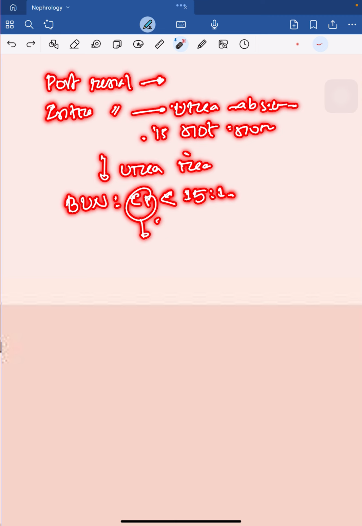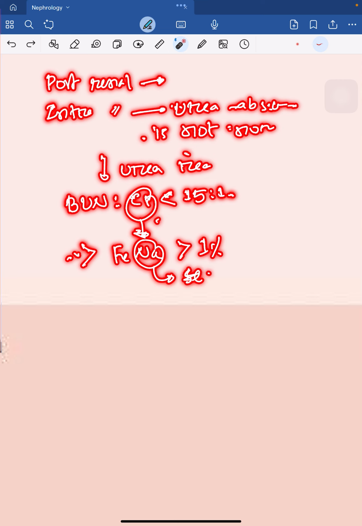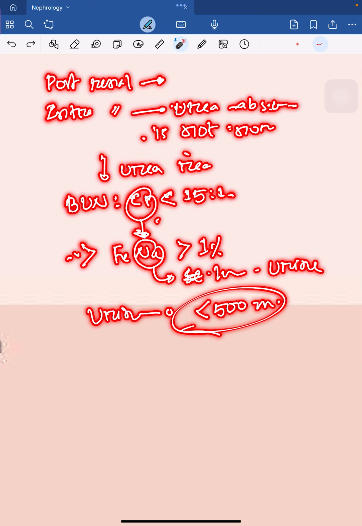So creatinine will rise in intrarenal azotemia, and as the kidney's function is deteriorating, the fractional excretion of sodium should be more than 1%. Sodium is lost through urine, and urine osmolarity should be less than 500. So thus urea is important in maintaining the osmolarity concentration of urine.